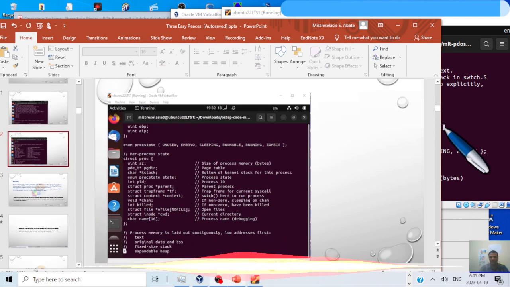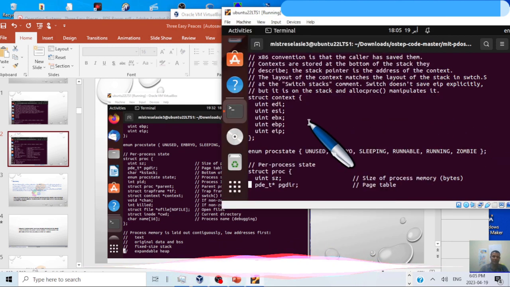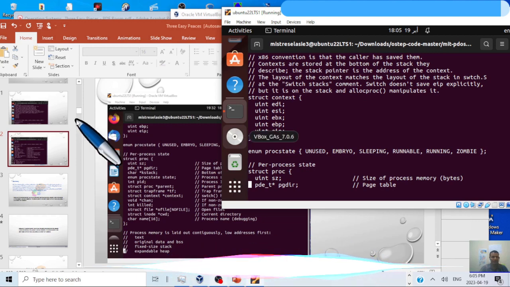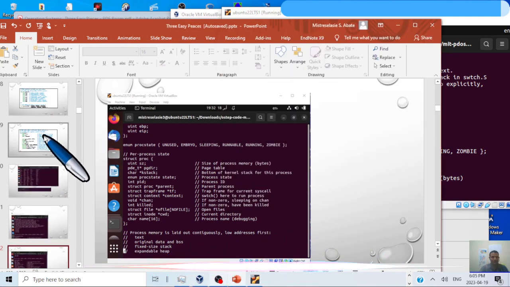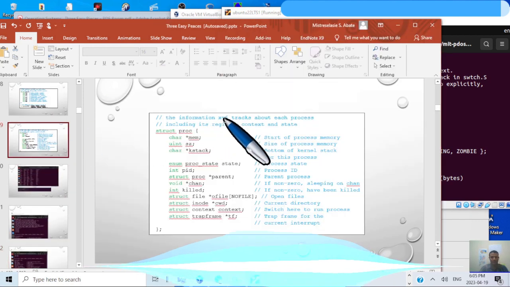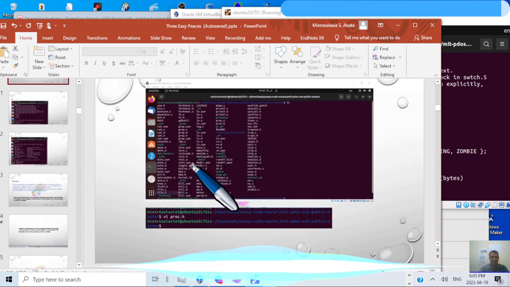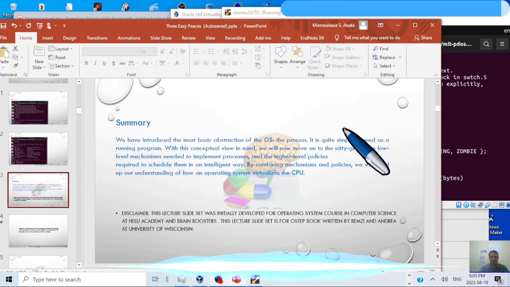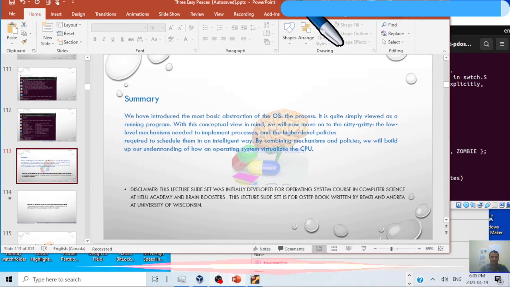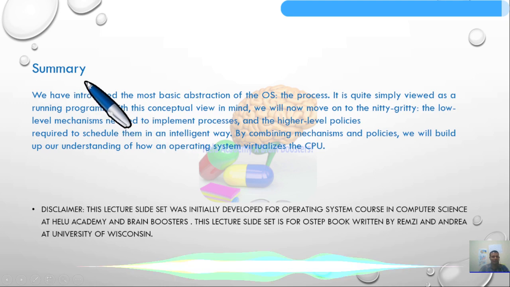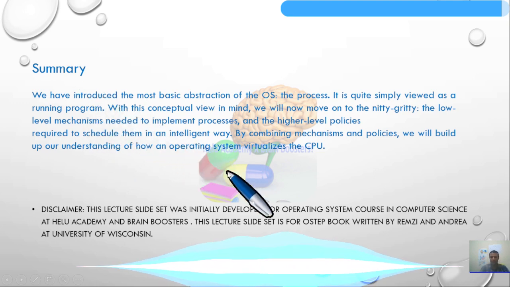So in this way you can see, you are allowed to download the xv6 operating system, and you can run it on your system. But this is what I want to show you. So in summary, we have introduced the most basic abstraction of an operating system, the process.